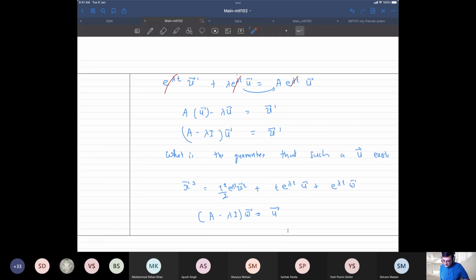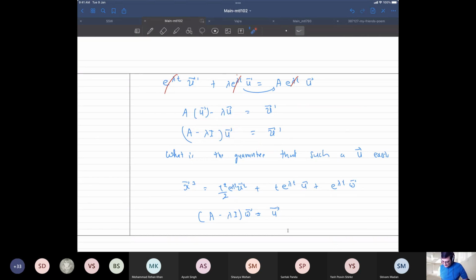Note that if I apply A minus lambda I on V1, this becomes 0. So if I apply A minus lambda I on this side, what you get is that (A minus lambda I) squared applied on U is 0. So U is a generalized eigenvector with index 2.